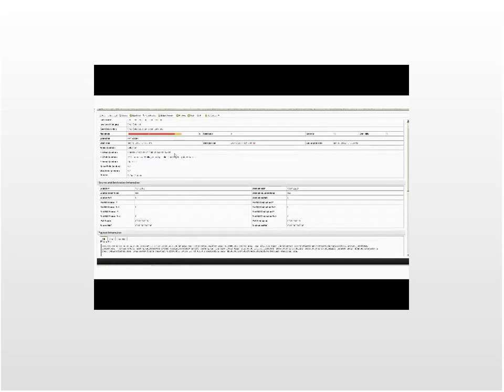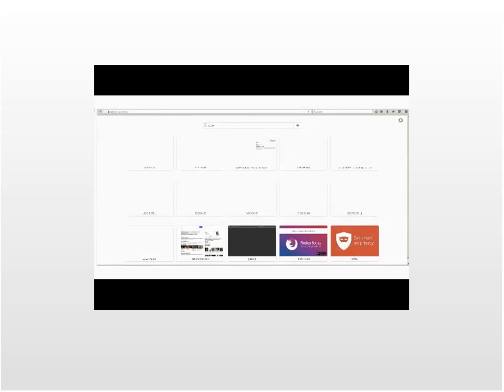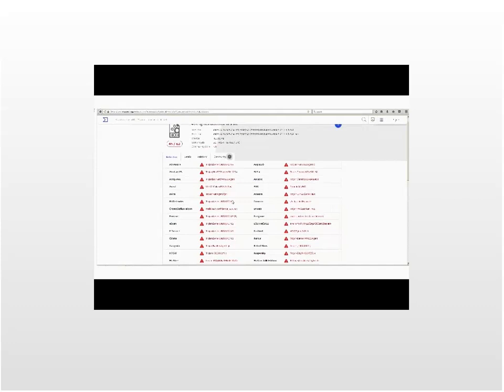And the analyst probably will look at this hash file and run it against something like VirusTotal. Okay, yeah, it is bad.